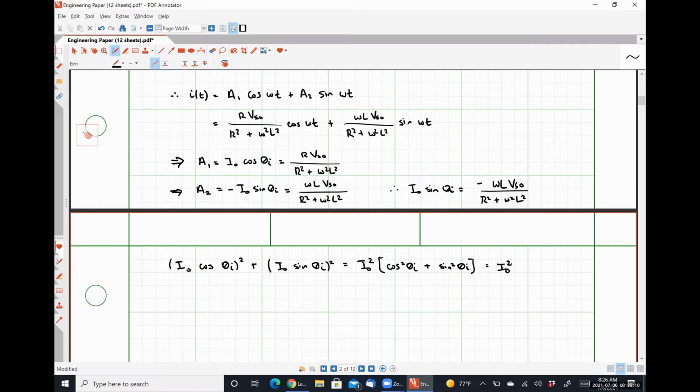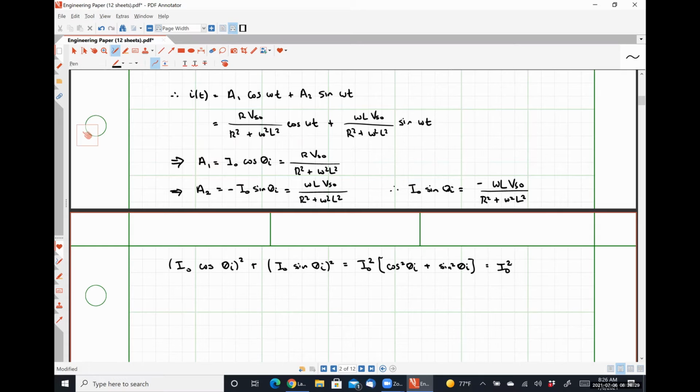Because we know that cosine squared x plus sine squared x is equal to 1 by definition. So this simple trig identity allows me to determine what the amplitude of my waveform should be.